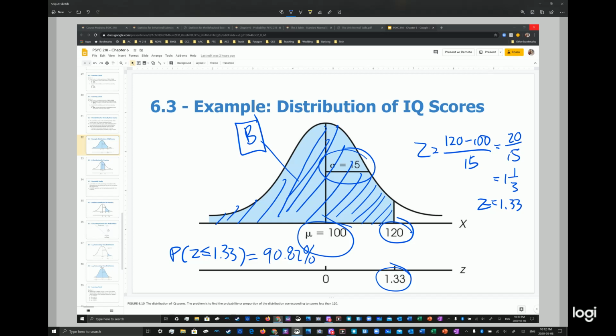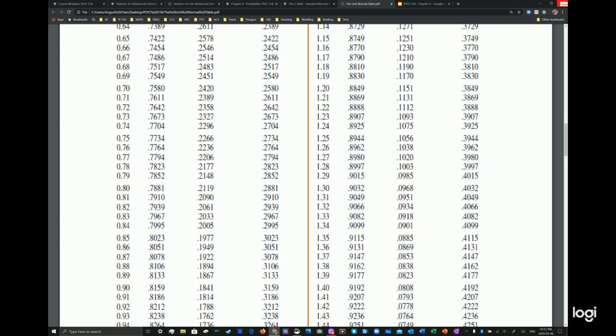Again, if the question was asking for the tail, then you would have something like this. Somebody scoring 1.33 standard deviations or above, and you could either go 1 minus 90.82 or look at the tail value, which is the same thing, and that would give us 9.18%.